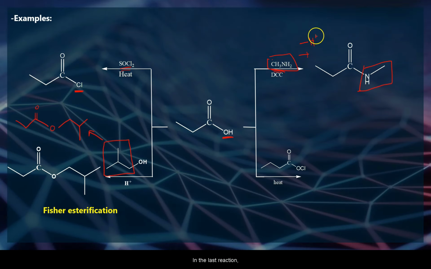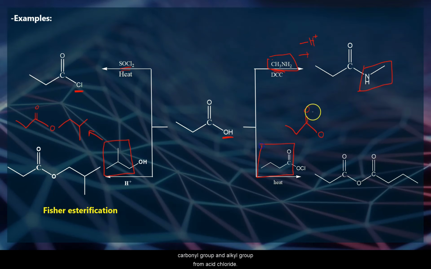In the last reaction, carboxylic acid reacts with acid chloride to form anhydride. To simply draw the compound, redraw the carboxylic acid until C double bond O. Then, add the carbonyl group and alkyl group from the acid chloride. That's all.